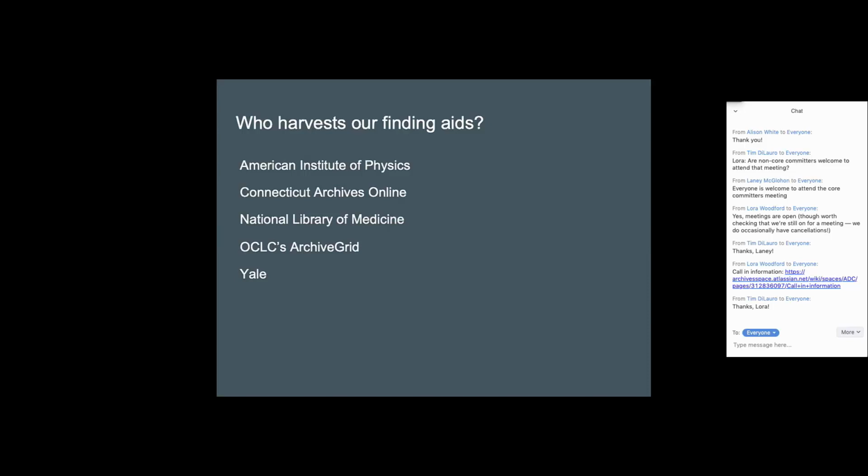The National Library of Medicine also harvests every finding aid from Yale's Medical Historical Library, as well as a few other finding aids at Yale related to the history of medicine. And we contribute all of our EAD finding aids to OCLC's ArchiveGrid, which is the largest EAD aggregator in the United States. Last, I should say that in some ways, Yale could also be considered a consumer of our own data.